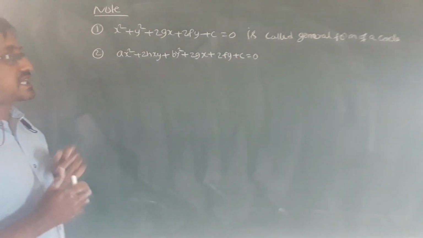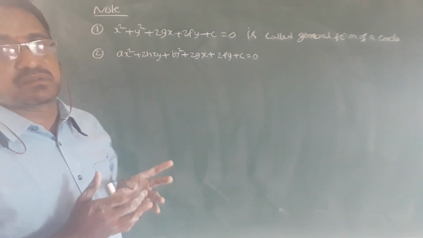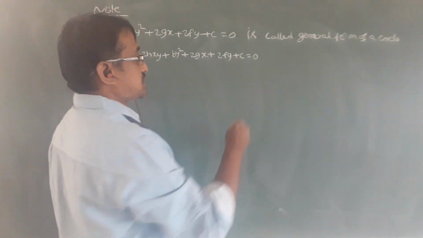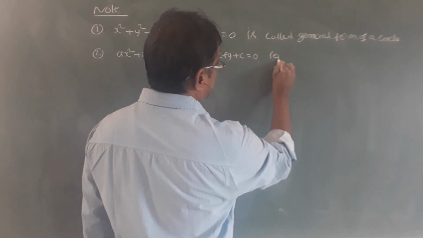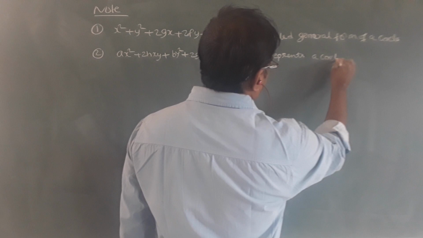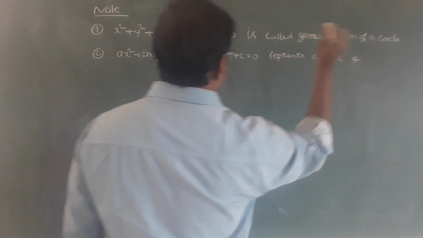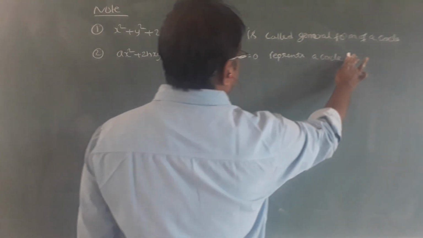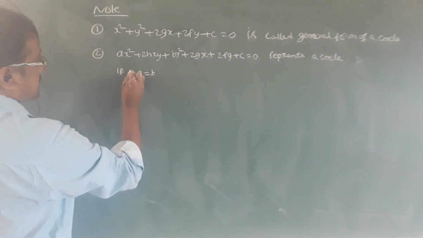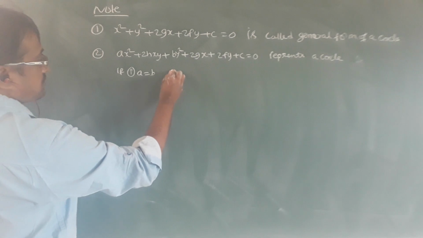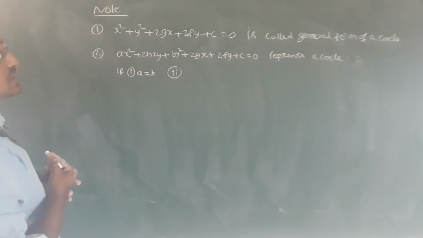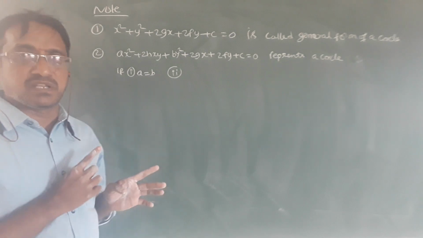So a second degree equation ax square plus 2hxy plus by square plus 2gx plus 2fy plus c is equal to 0 represents a circle if, first point, a is equal to b. Very important point. That means the coefficient of x square and the coefficient of y square must be the same number.